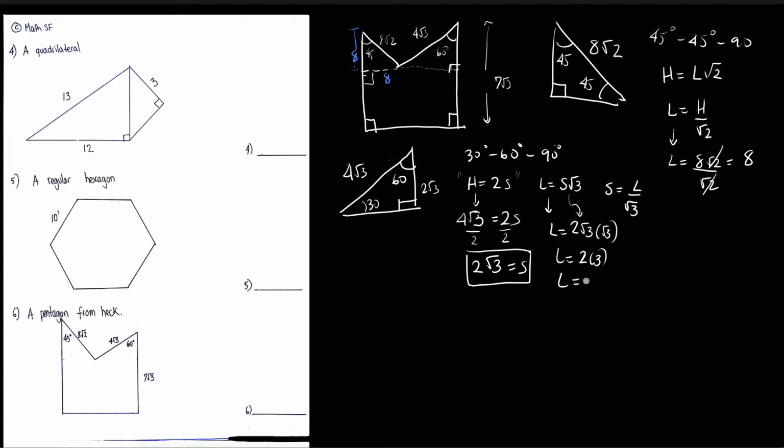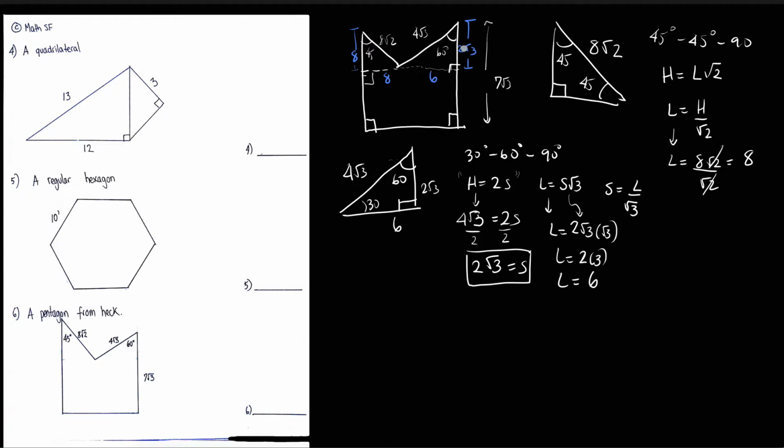So the long side, L, is equal to 6. So that part should be 6. So what I'm going to do now is write it in here. So this part here, opposite, should be 2 root 3, just from here to here. And this part here is going to be 6. Alright, so we have that part here.